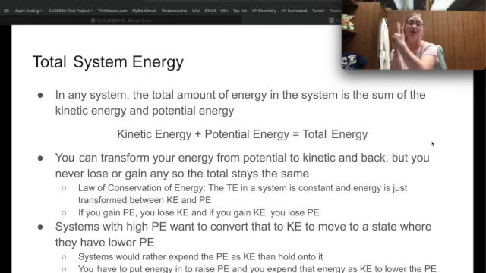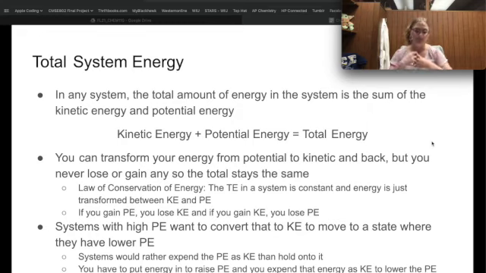That water doesn't want to be fighting and having that dam holding it in place. It wants to be down in that lower potential energy state where it's closer to the earth and that gravitational force can do what it's meant to do, where it's not being blocked by that dam. So again, systems would rather expend that potential energy as kinetic energy than hold on to it.